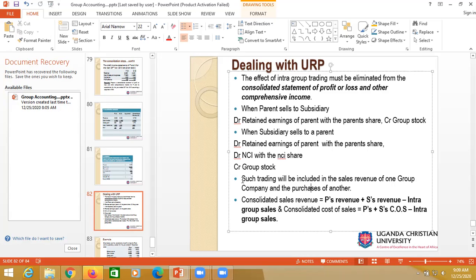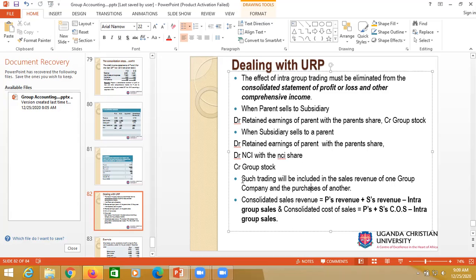What about the subsidiary? The subsidiary is also going to include in its income statement, especially in the cost of sales, the purchases they've made from the parent, because they are buying from the parent.